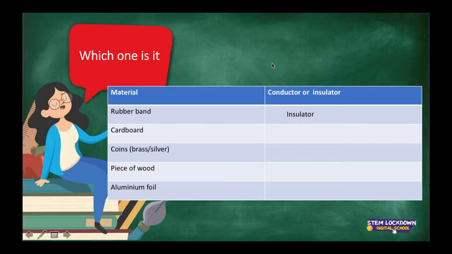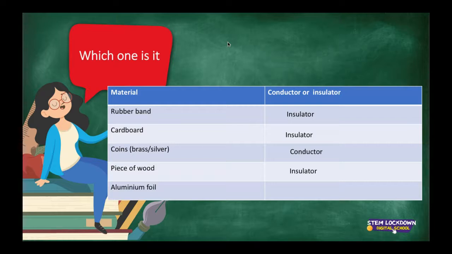A cardboard is considered to be an insulator. Coins, this could be a 5 Rand coin, 2 Rand coin, 50-cent coins, are considered to be conductors. A piece of wood is an insulator, depending on where it's placed.